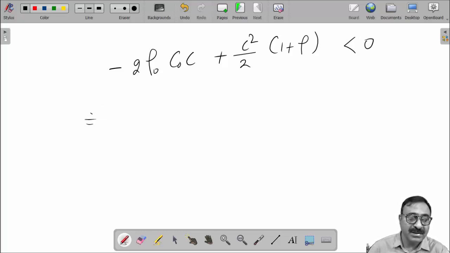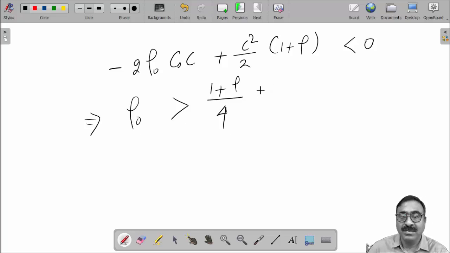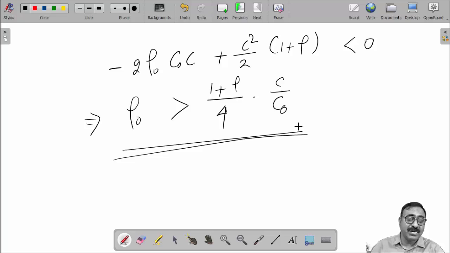That implies rho 0 is greater than (1 plus rho) by 4 into C by C0. Hence, under this condition, the bivariate ratio estimator is superior to the simple mean estimator y bar. That is, when this condition is satisfied, then only we can use the bivariate ratio estimator. Otherwise, we prefer the simple mean estimator.